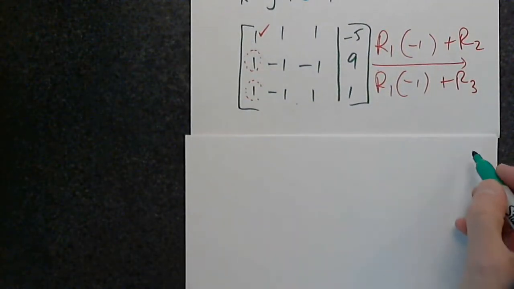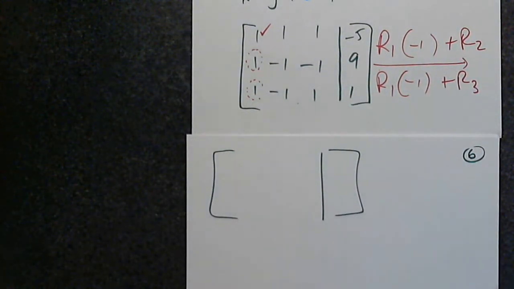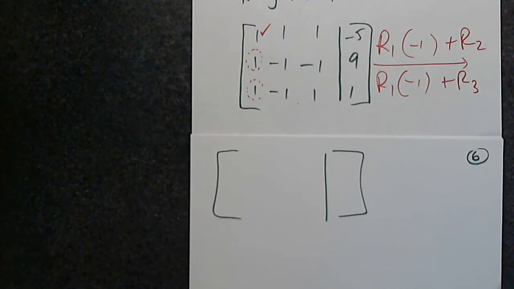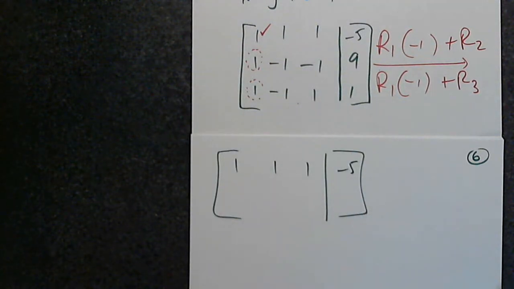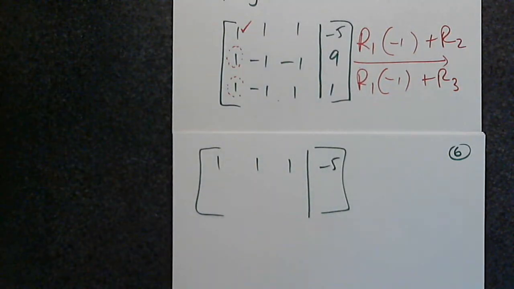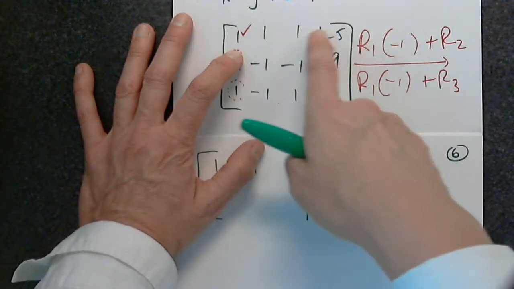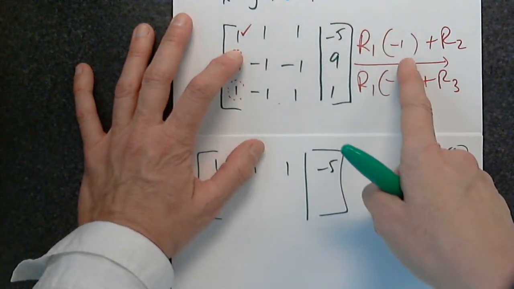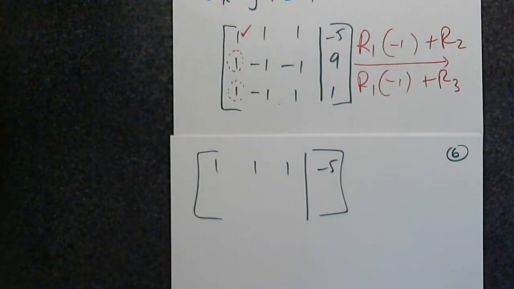Good. So now the next step. I do copy the row that does not change. And of course, in the first step, it has to be the first row. 1, 1, 1, negative 5. The next step. Carefully multiply. Let's do it together. Remember what we are trying to do. We will be multiplying everything in this first row by negative 1 and adding it to the corresponding terms like we did the elimination.